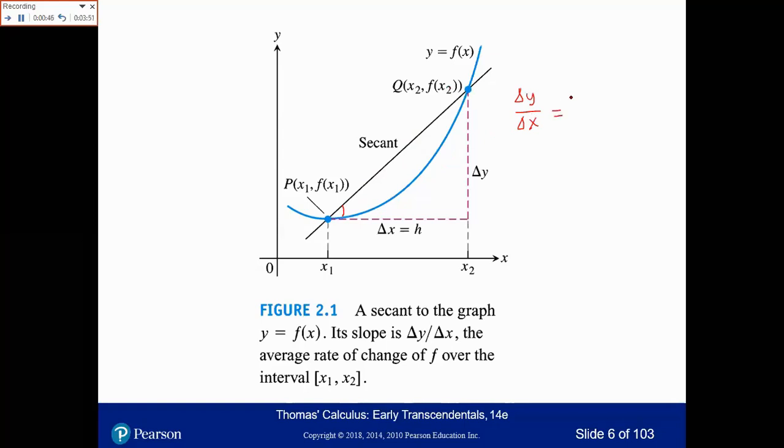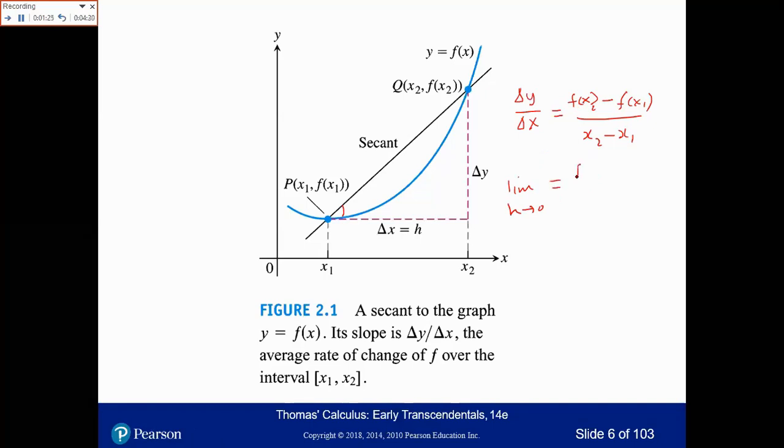It equals f of x2 minus f of x1 over x2 minus x1, right? Where x2 minus x1 is h. Okay, so now let's rewrite this one.